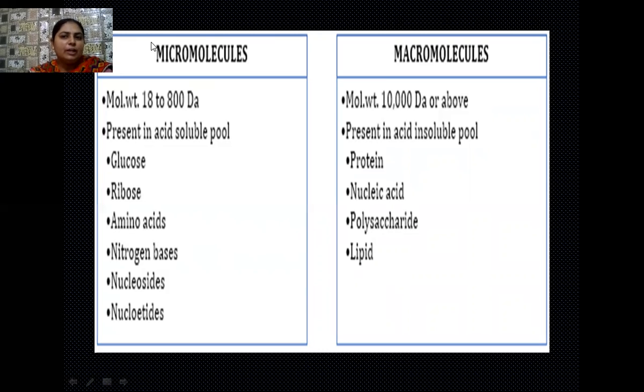And biomacromolecules have larger size and their molecular weight is above 10,000 daltons. Later we will study each of these four biomolecules, their structure, function, and the role they play in the body system.